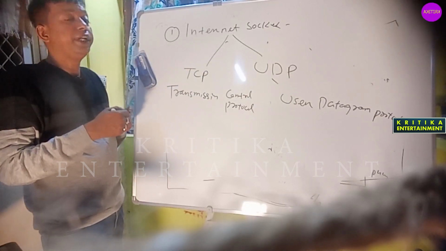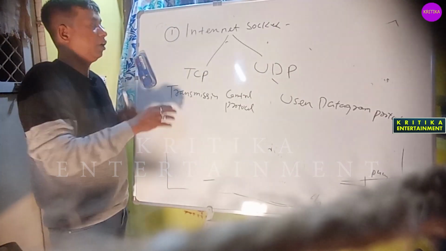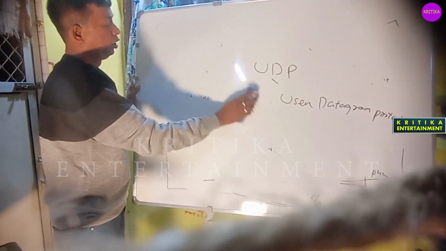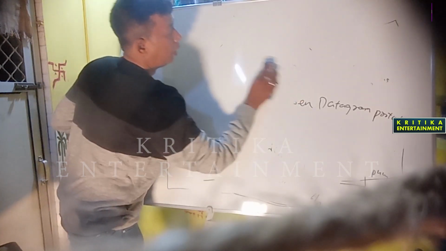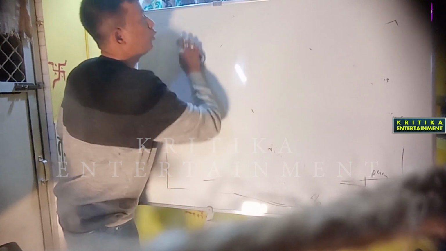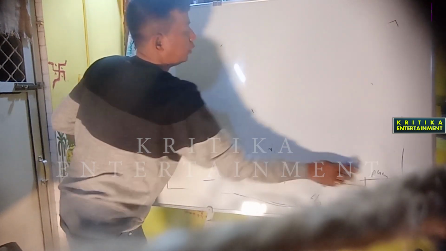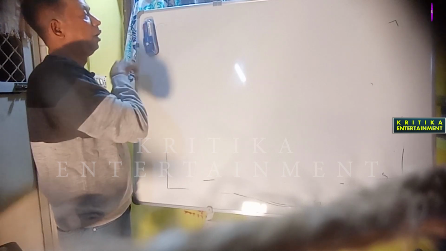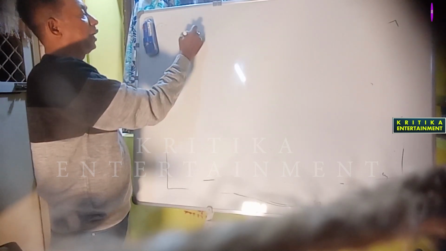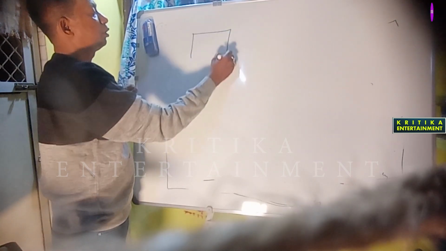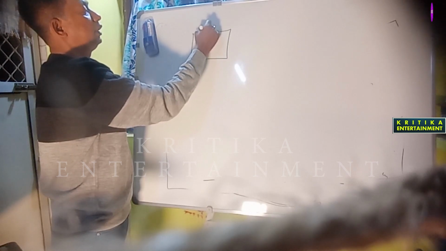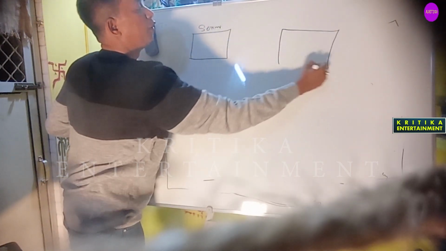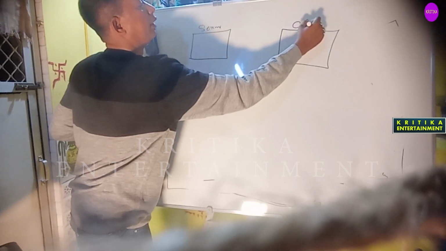Now we will discuss the connection structure of TCP, how to connect two devices using TCP. Suppose this is the client and this is the server. This is the server machine, and this is the client machine.